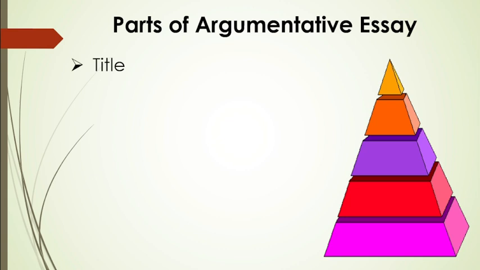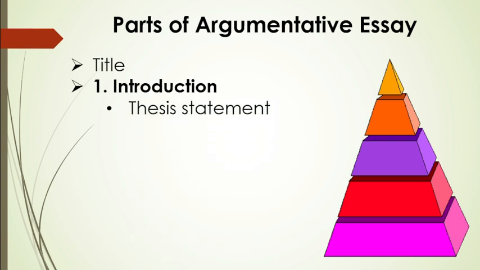Of course, we should start off with a good and appropriate title. Then, you start with an introduction expressing your thesis statement. Now, this statement gives your readers the main idea of your essay. It answers the question, what am I trying to prove? It is not yet a factual statement, but a claim that has to be proven throughout your essay.